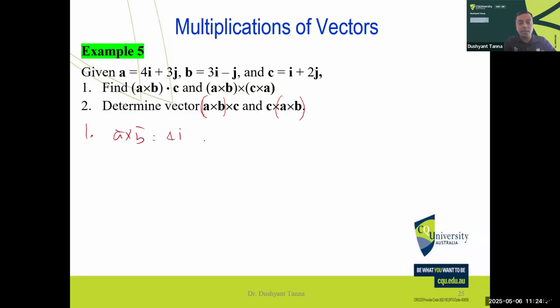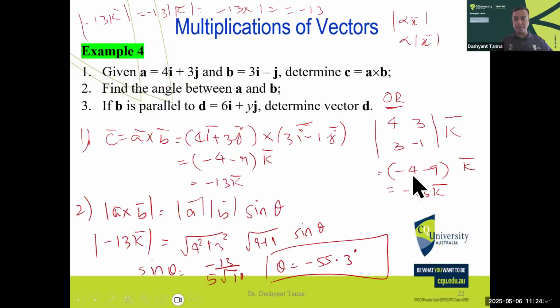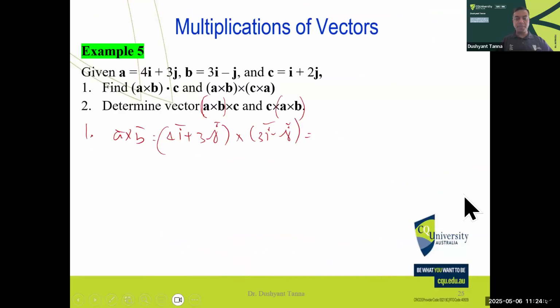So 4i plus 3j cross 3i minus j. Right, first with the last, with the first. And i j will give you k. And you can do the determinant. So pretty much what we just now did. It was this vector, say 4i, 3j, same, minus 13k. Right, so I'll just copy that, minus 13k.